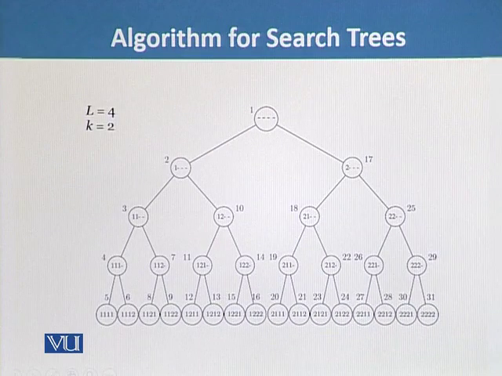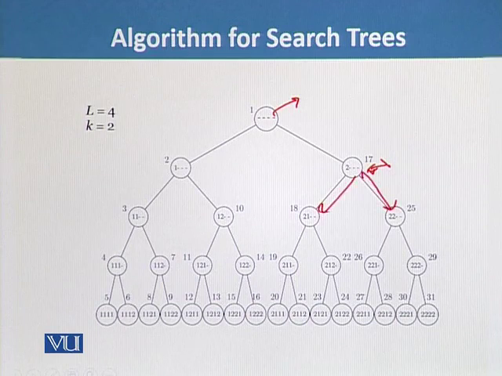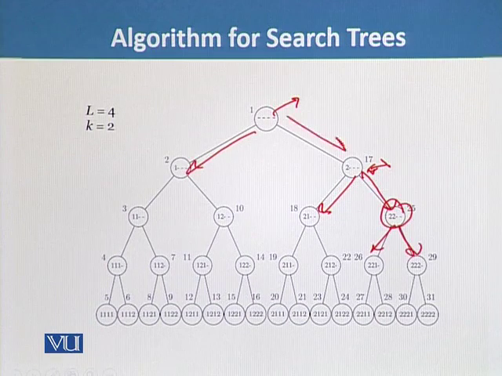Here we can begin with level 0, that is the root, and then consider each of its k children in the order. For each child, we again consider each of its k children, and so on, because this has k children, again this has k children, and both in the left side and the right side.